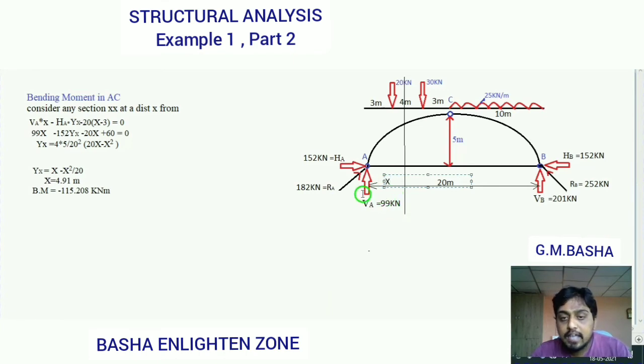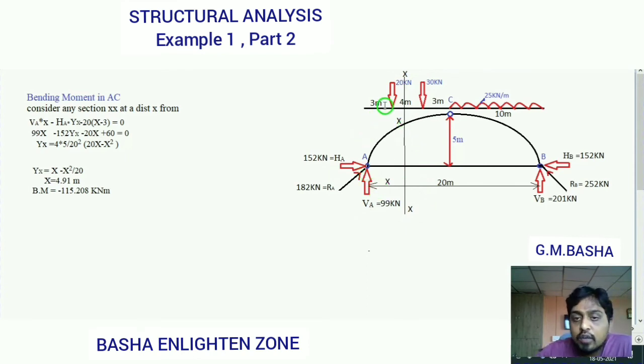This distance x will be from here to this point. So here also I am considering x point. So this section will be the xx section. Here again, do the same procedure whatever we did in the right half of this span.